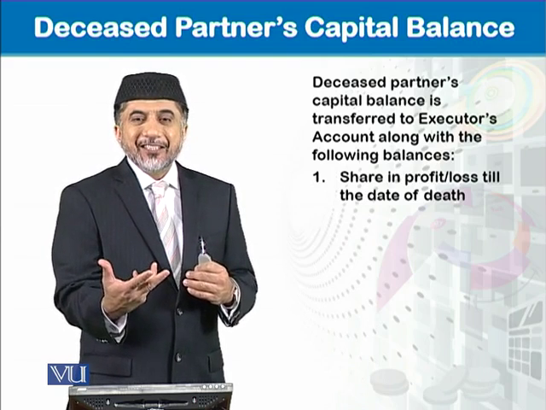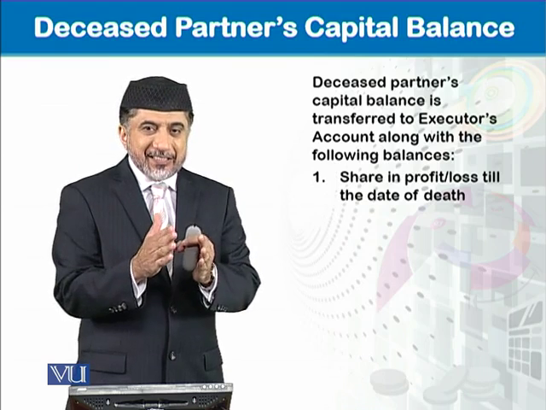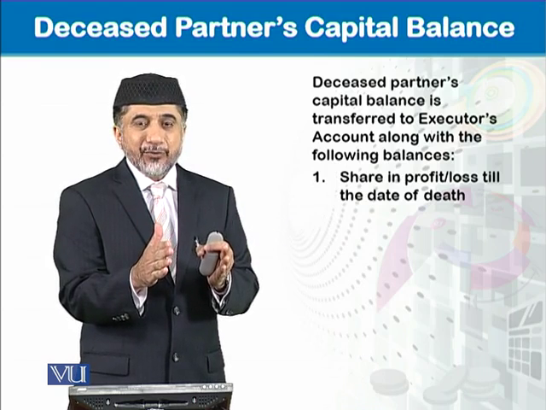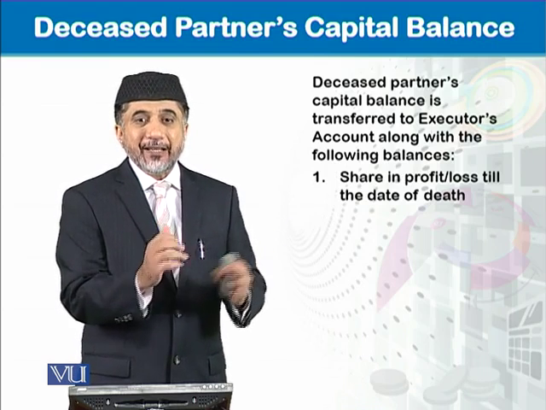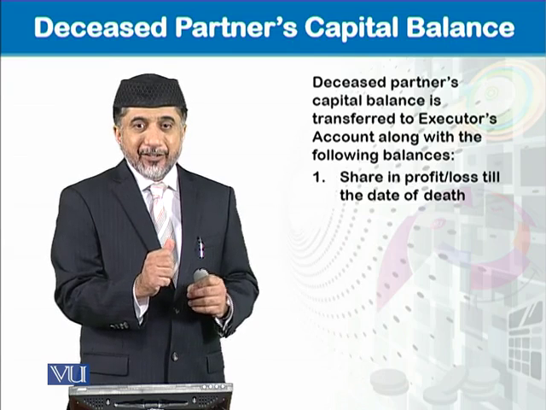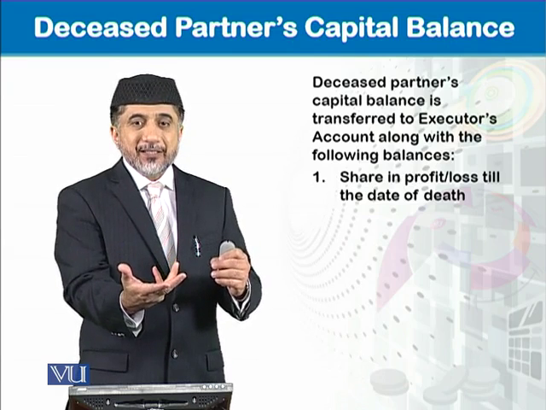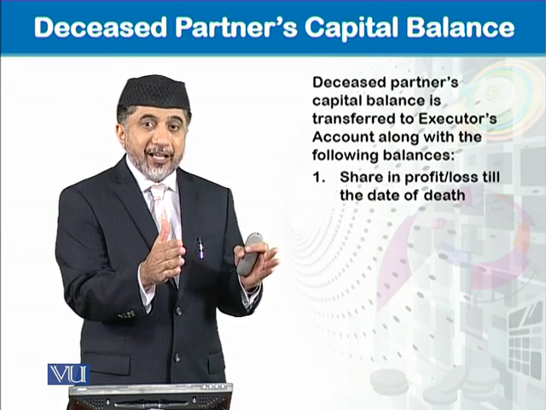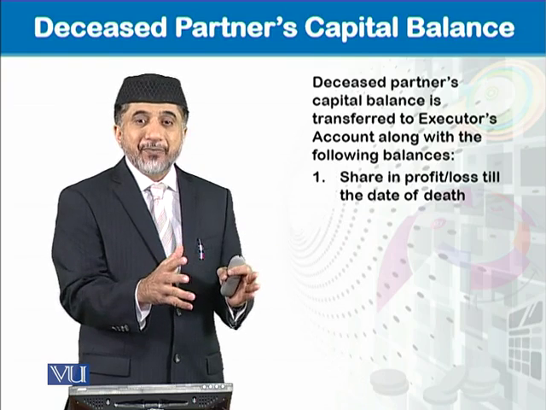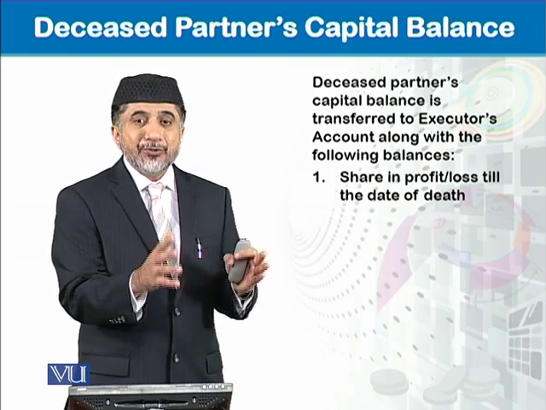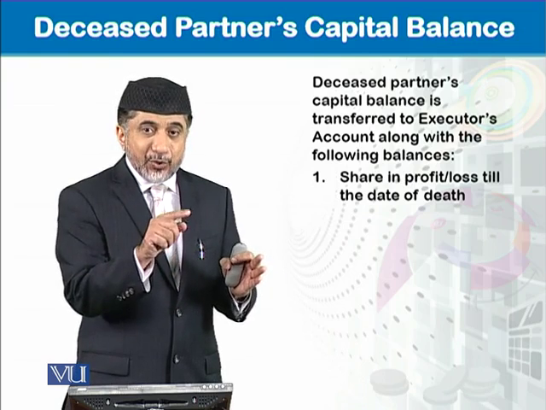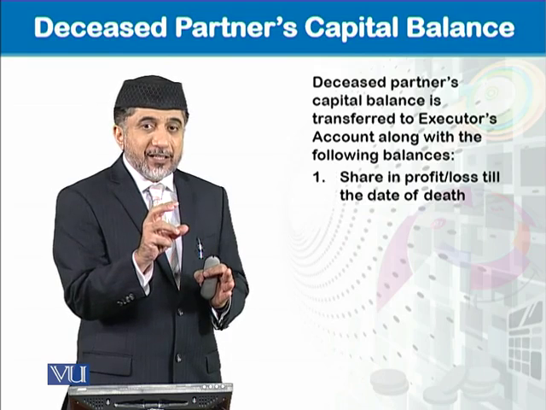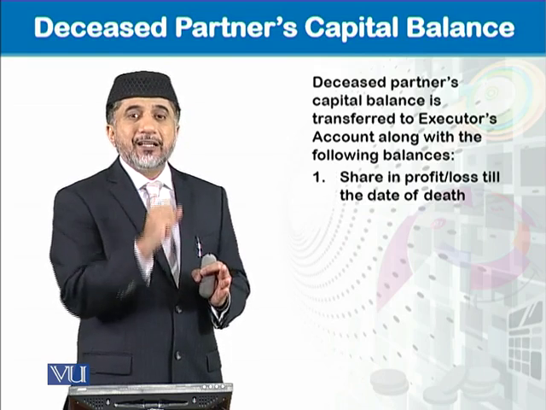So till the date of death, whatever the months are, we calculate profit for that period. Supposedly the partner was alive in that year for 4 months. So we work out profit for those 4 months first, and in those 4 months' profit, we calculate the profit which belongs to the deceased partner.